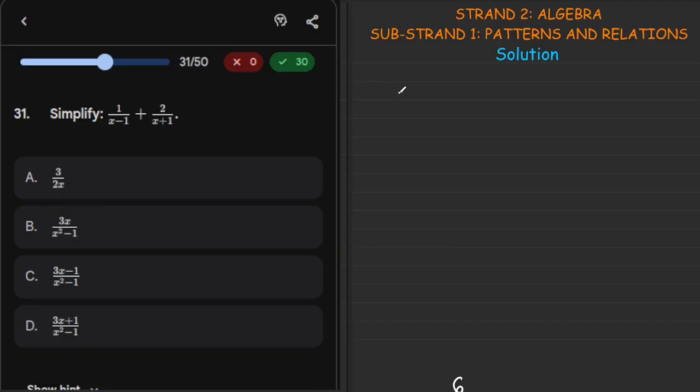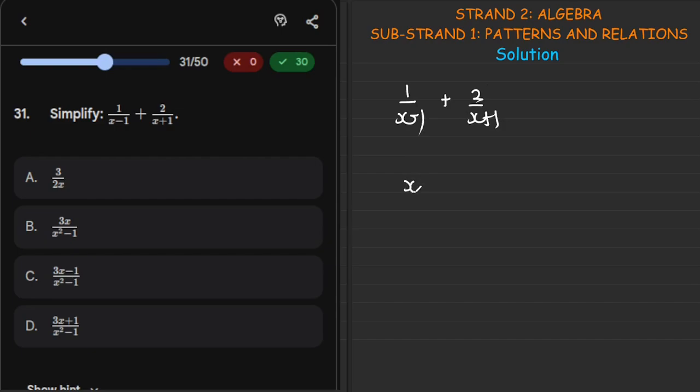Number 31 says we have 1 over x minus 1 plus 2 over x plus 1. We want our LCM. Most of the time, if we have denominators being algebraic expressions, we multiply both of them to serve as our LCM.